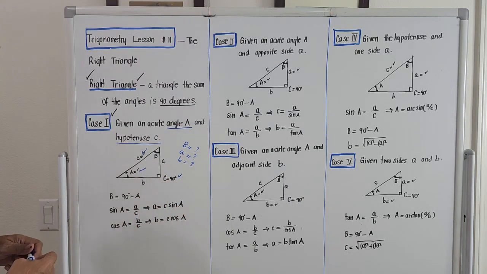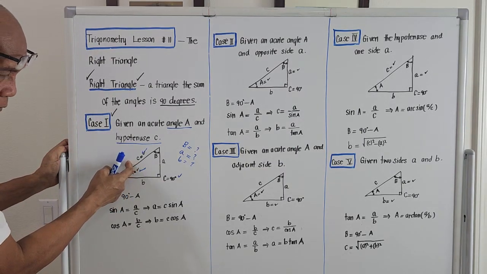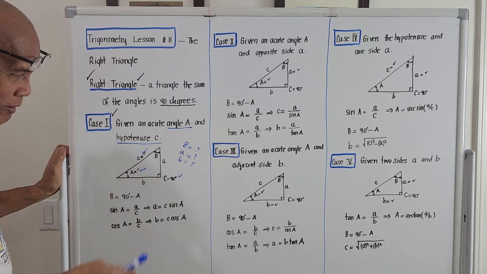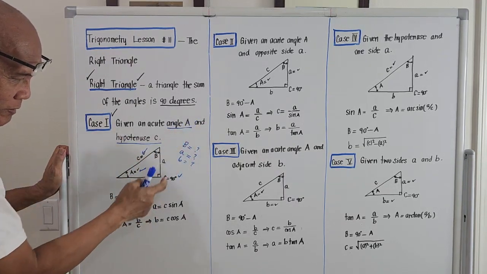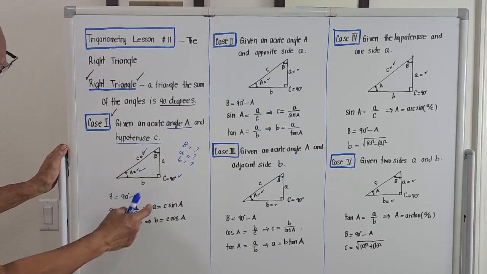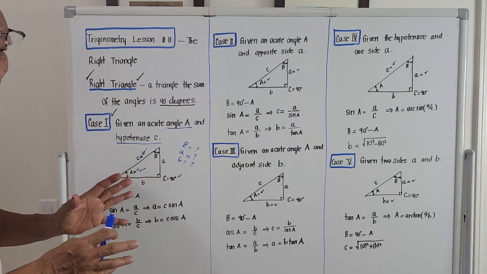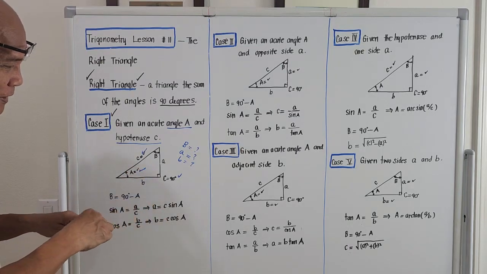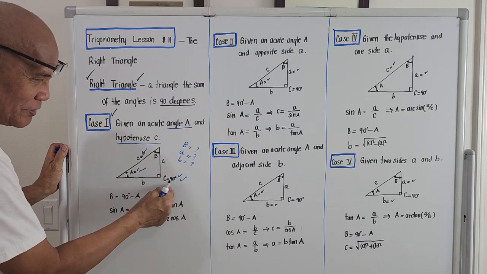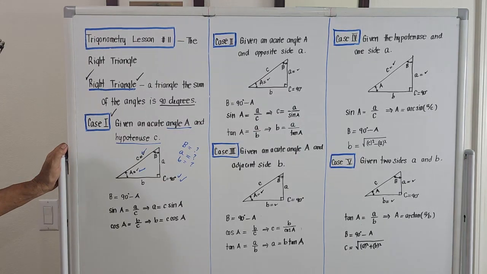So for case number 1, what is given is actually angle A and hypotenuse C. The problem is asking what will be the value of angle B, what is side A, and what is side B. For angle C, we don't have to solve it anymore because for it to be a right triangle, angle C should be 90 degrees. So this is given. Let's try to bring out the solution.